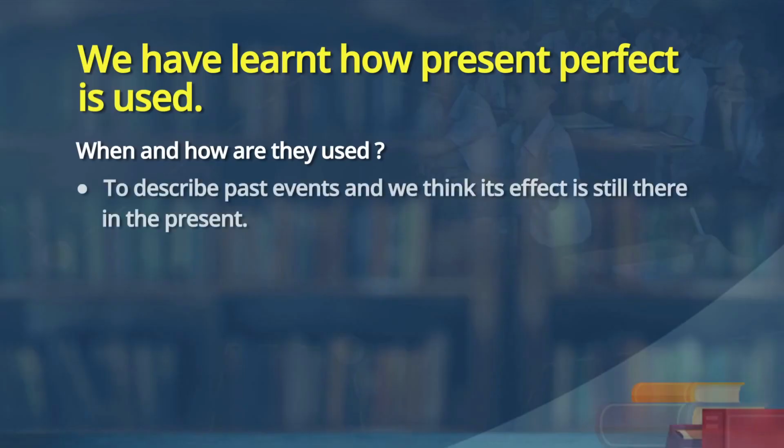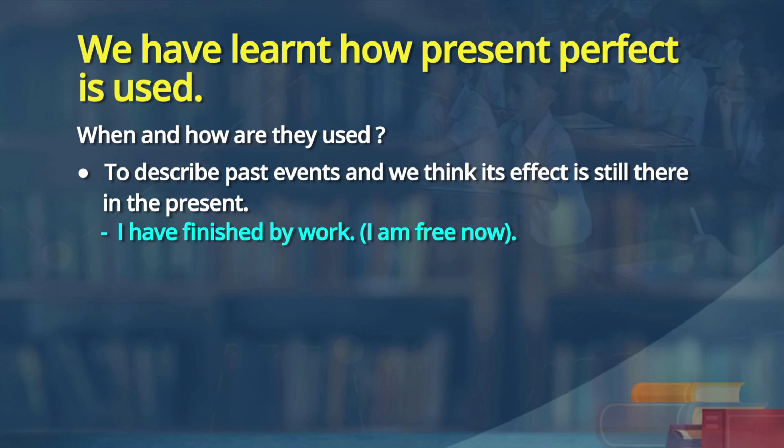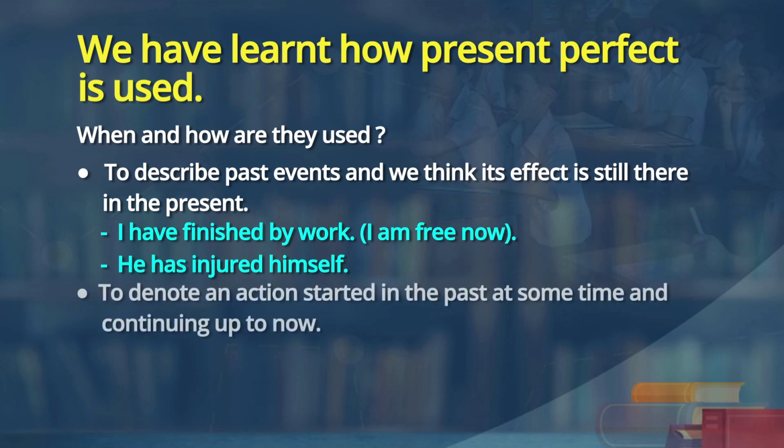Then third occasion. To describe past events and we think its effect is still there in the present. Example, I have finished my work. That means he has just finished his work and he is free now. Yes. Okay. Then next example. He has injured himself. Fourth one. To denote an action started in the past at some time and continuing up to now. So, I have known him for a long time.